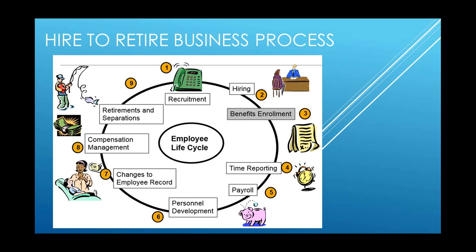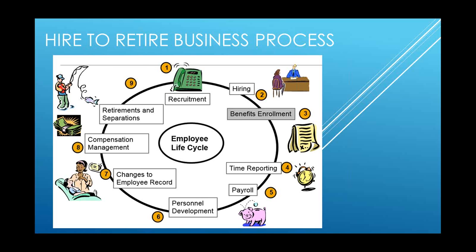And then separate or superannuate the employees when they meet that age criteria or any specific conditions, when there is a reorg or something which the company is planning. So then we need to do the separations as well.